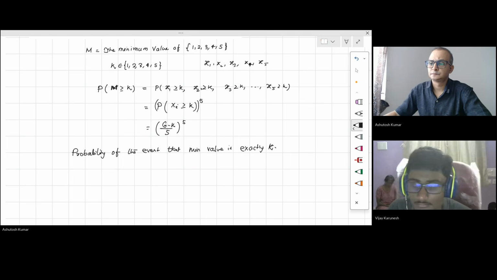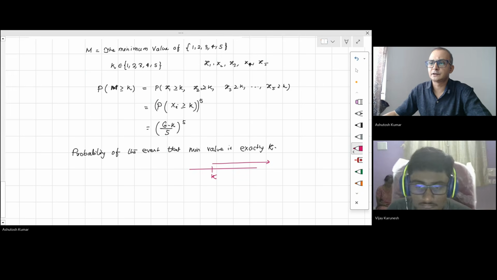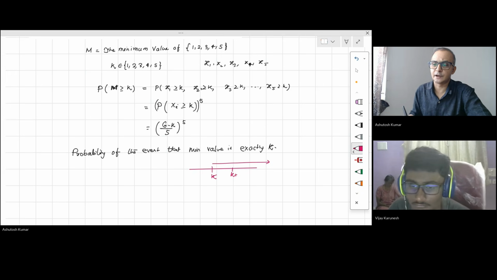So how do we decide it? This is greater than k. Let's think in this way. When we are writing greater than k, it covers all the possibilities, and there is k plus 1 also extra. If you find the difference between these two, you get exactly k.